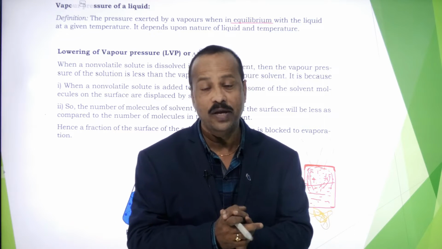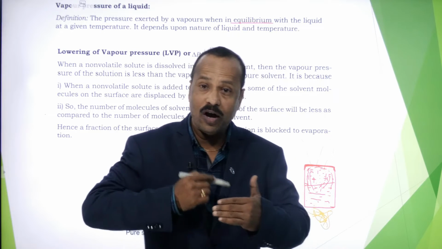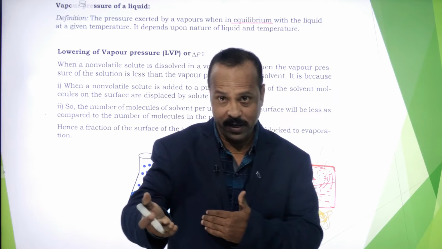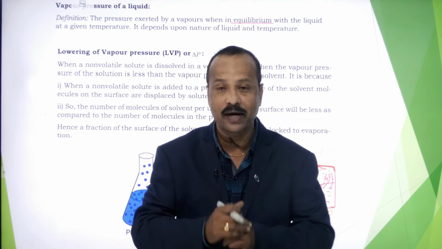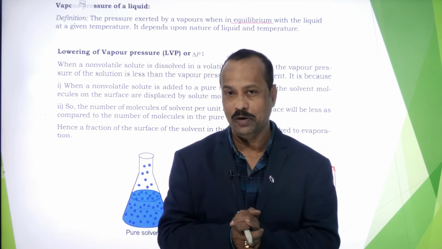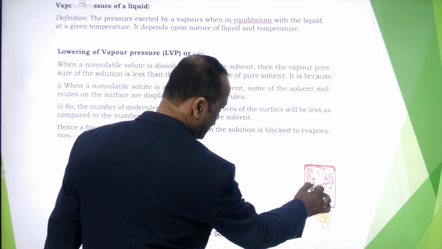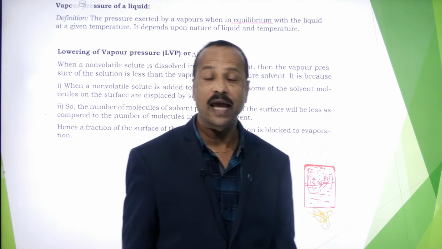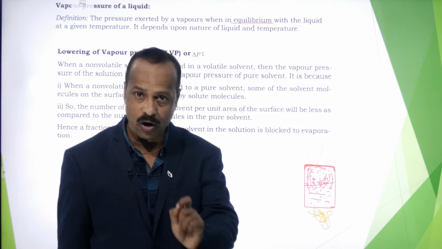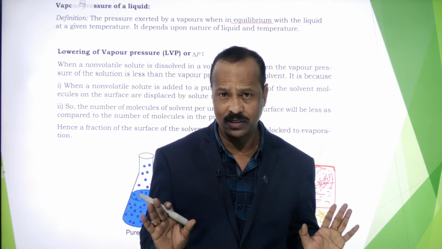That stage where the amount of water converting into vapor is equal to the amount of vapor converting into liquid is called equilibrium. At this stage, the vapor exerts pressure on the liquid. This pressure exerted by the vapor is called the vapor pressure of a liquid. Clear? Very simple, no?